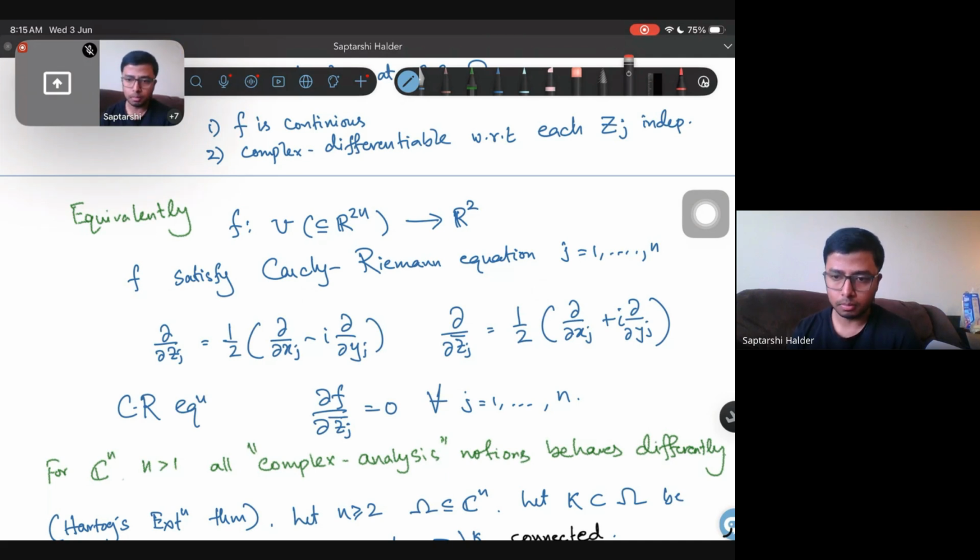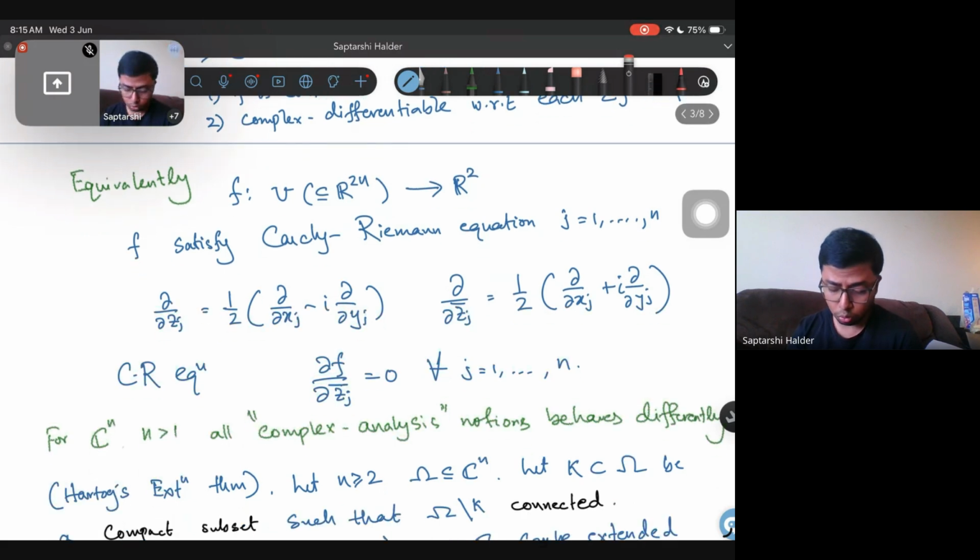So what does this Cauchy-Riemann equation mean? First define ∂/∂zj to be half of ∂/∂xj minus i ∂/∂yj, and similarly ∂/∂z̄j, because we have two things here, zj and zj bar.